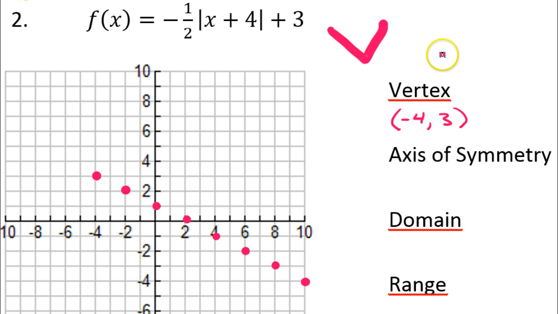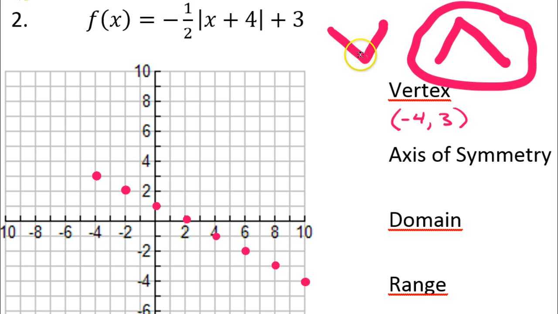Again, absolute value functions always make some kind of a V. If it's negative, it'll be an upside down V, like this. If it's positive, it's a right side up V. So we're looking for an upside down V. This is the right hand side. The left hand side, I will just do the mirror image like this. Okay, so we've basically graphed it.